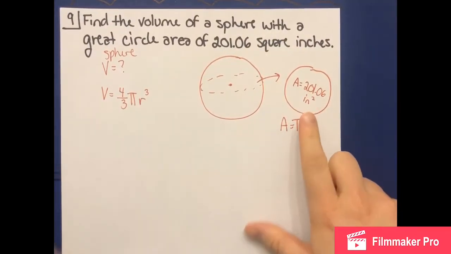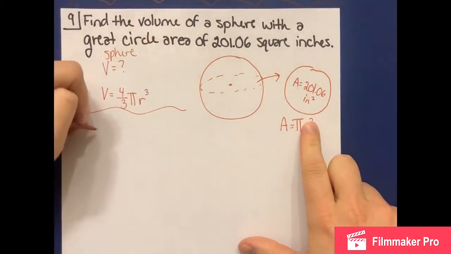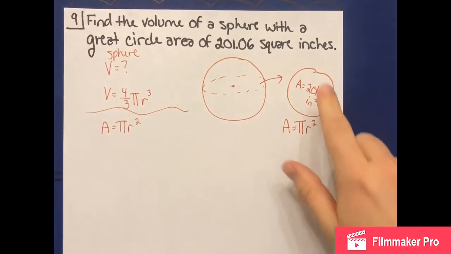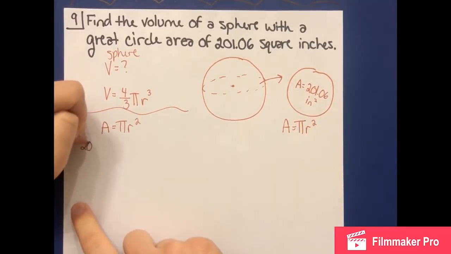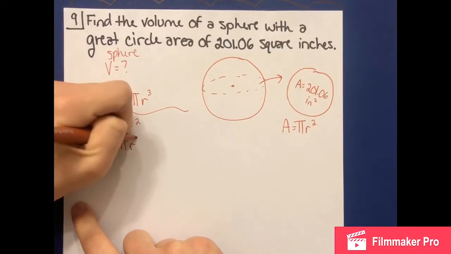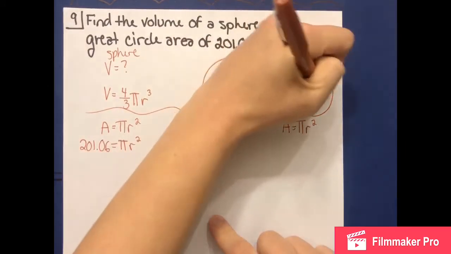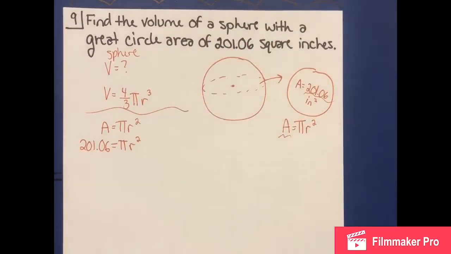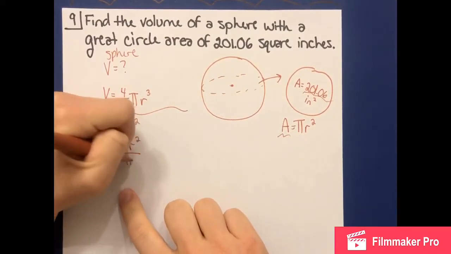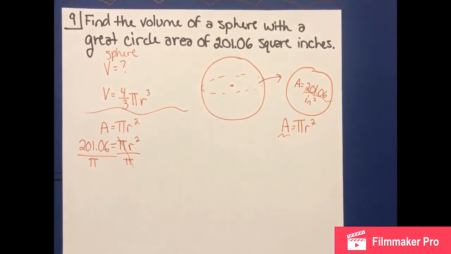So we're going to say, well, I know area equals pi r squared. And I know my area is equal to 201.06 equals pi r squared. So I'm substituting this in for that. Let's solve. Divide each side by pi. Crosses out here.